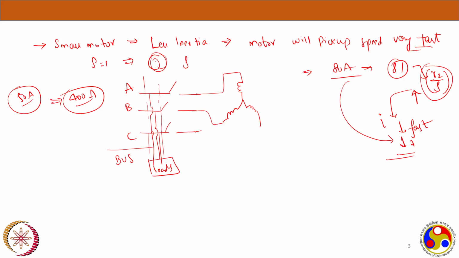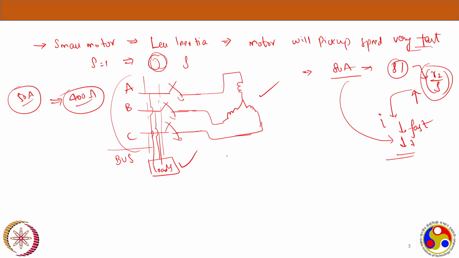Now, the instant we are closing this switch, something will happen, where your incoming supply, this bus, is supplying to all these loads and your motor also. So when this large current is drawn, let me just draw it.